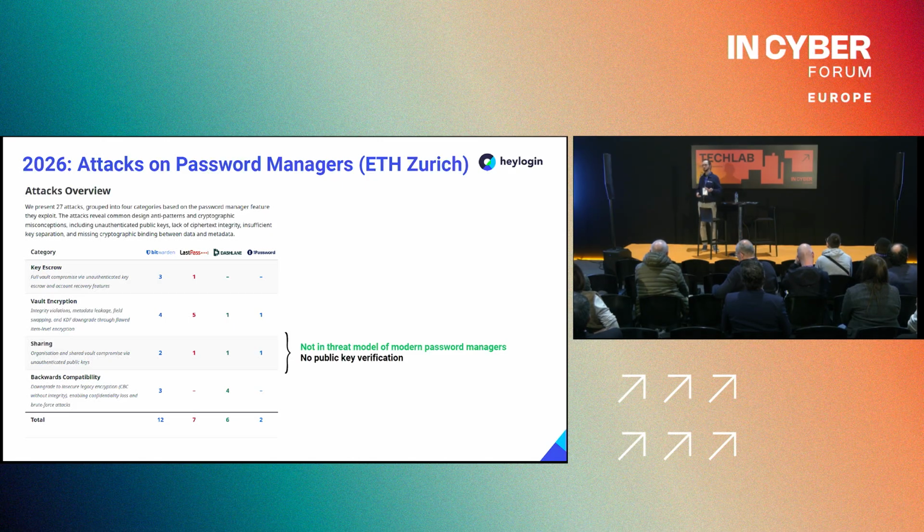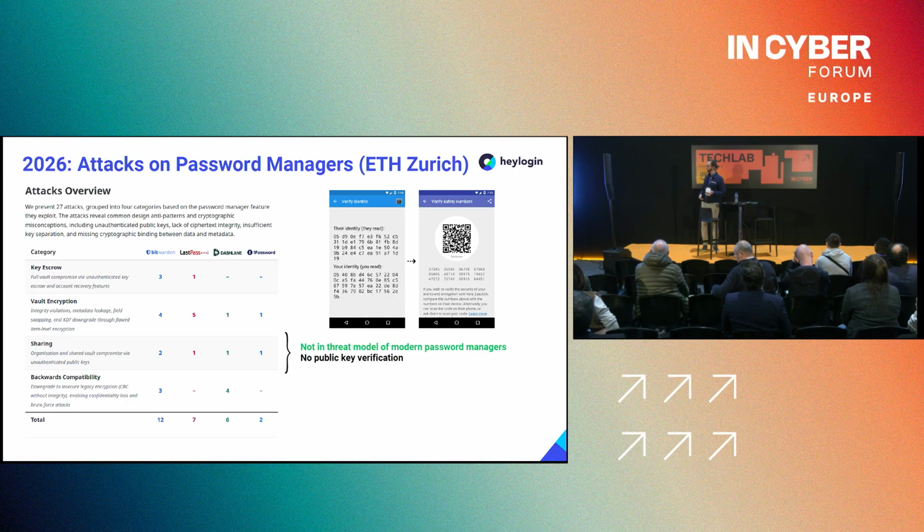To give you an example of where we have that, if you look at modern encrypted messaging protocols like Signal, WhatsApp, or even Telegram, or SSH, OpenPGP, they already have that, but Signal is the modern example. You have these key fingerprints, right? You can compare them, you can scan QR codes, and then you know exactly, okay, that public key corresponds to Dominic. That would be public key verification. Modern password managers still don't have public key verification.